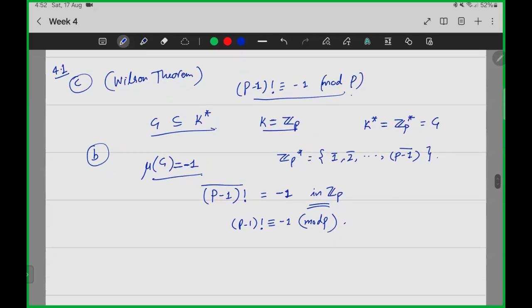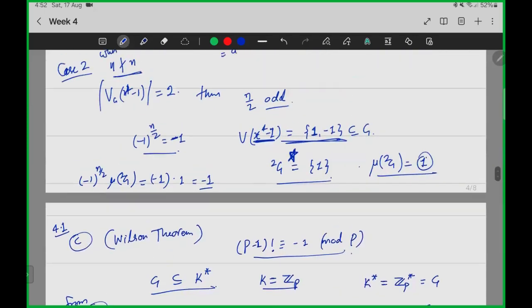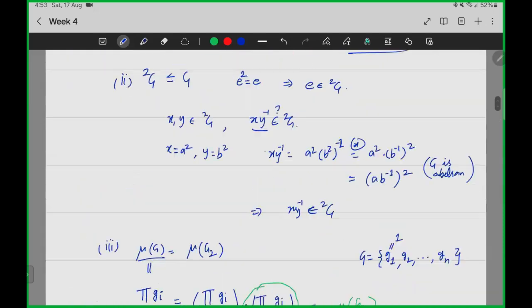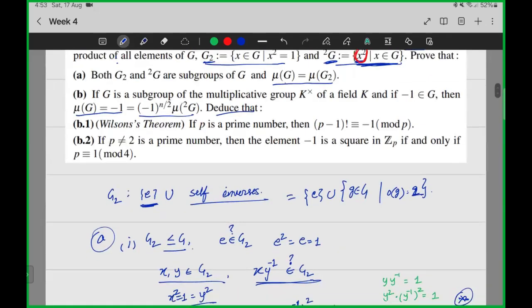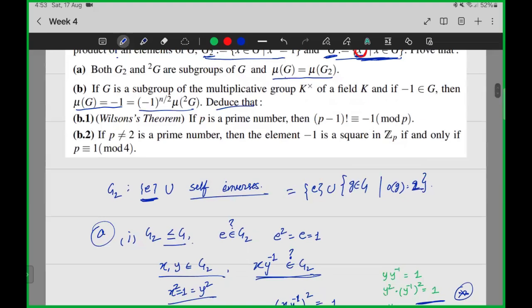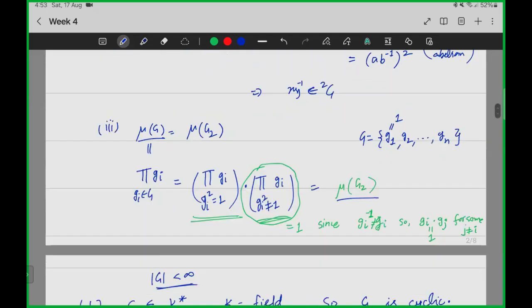Now we have an extra thing in part C. Other than Wilson's theorem, we have to show that when p is prime, p is not 2, then minus 1 is a square in Z_p if and only if p is congruent to 1 mod 4.